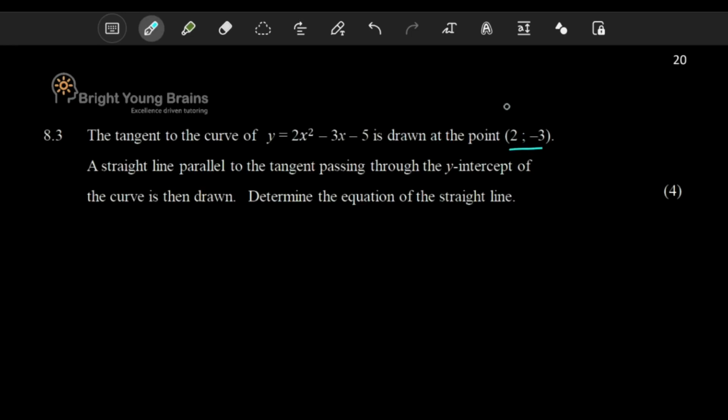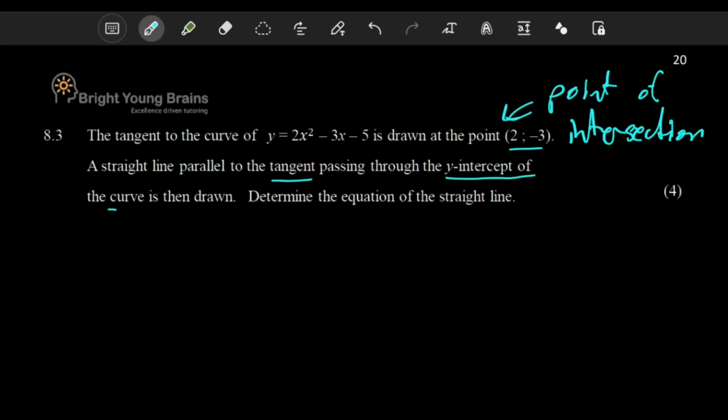Okay, so this is the point of intersection. And then it says a straight line parallel to the tangent passing through the y-intercept of the curve is drawn. And then they said here, determine the equation of the straight line.